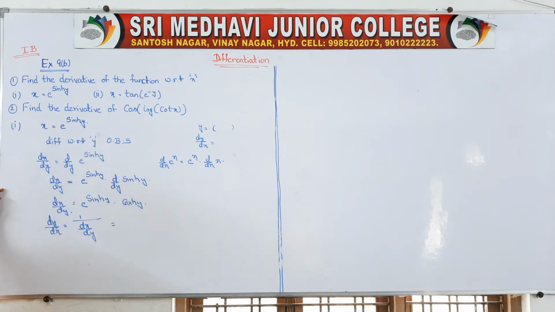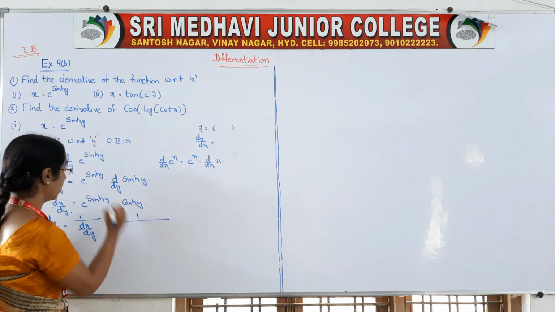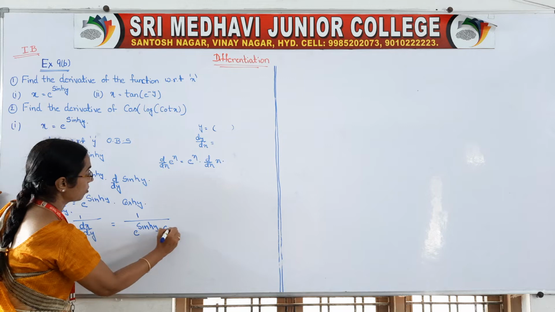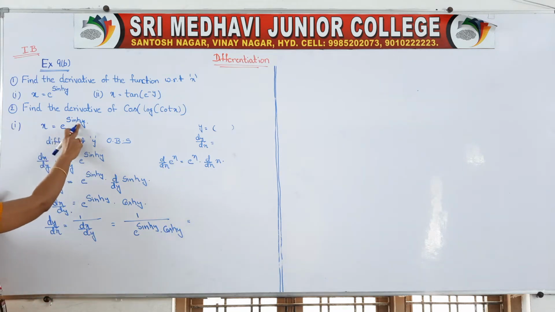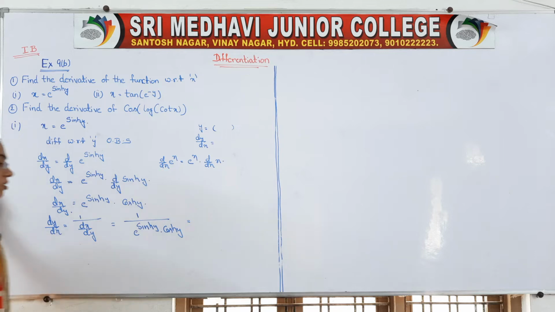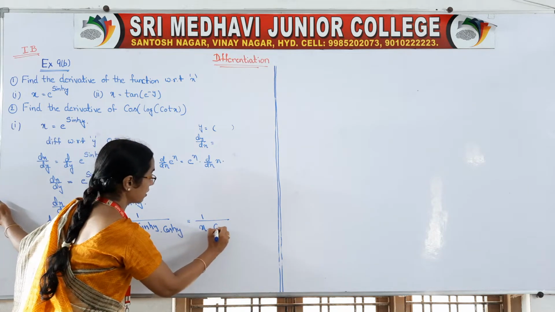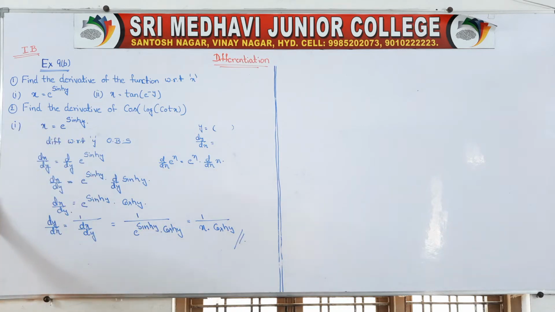It becomes dy by dx. So we can write this as 1 by e to the power of sinh y into cosh y. But what is e to the power of sinh y? It is x. So we can write this as 1 by x into cosh y is the answer, isn't it?